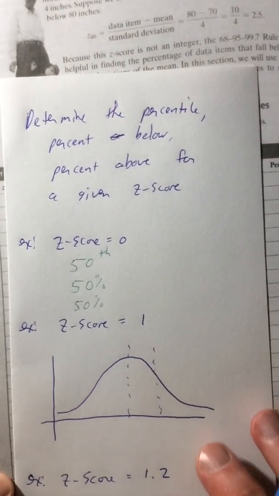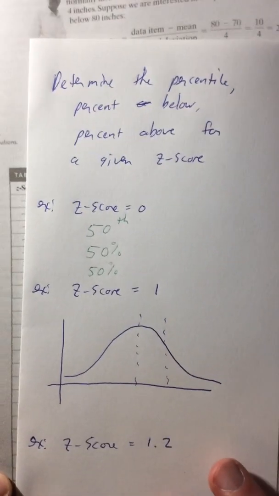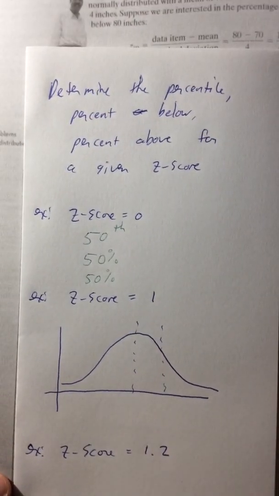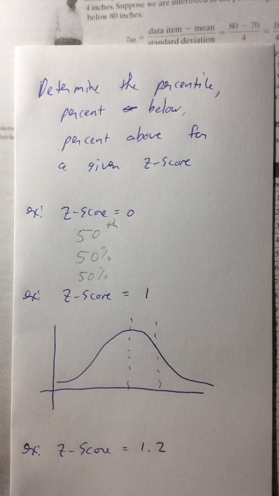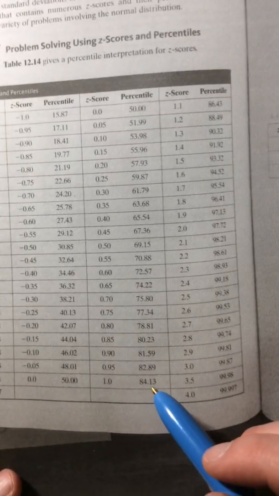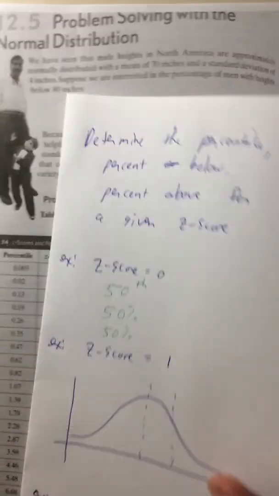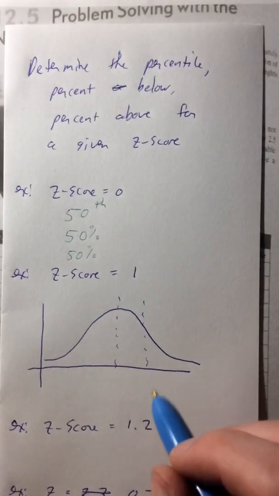Okay. Z-score of 1. So we're actually going to look that up from the table here, and we're going to get our percentile. And actually, we already looked it up, but we're going to look it up again just to make sure we have the exact number here. And it is 84.13. So a z-score of 1. So that gets us right here.